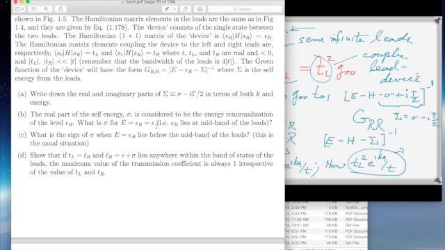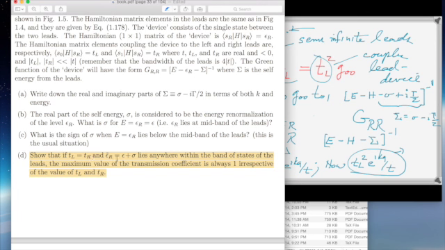Okay, this is a really important question, something that has a lot of significance. The most important thing for this question is that you're setting T_L equal to T_R. This is what's called symmetric coupling to the leads. The coupling to the left and the right of your resonant level is the same.